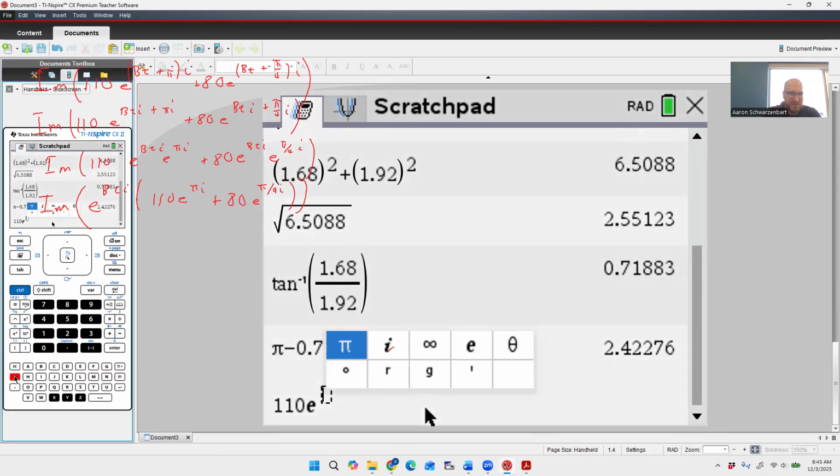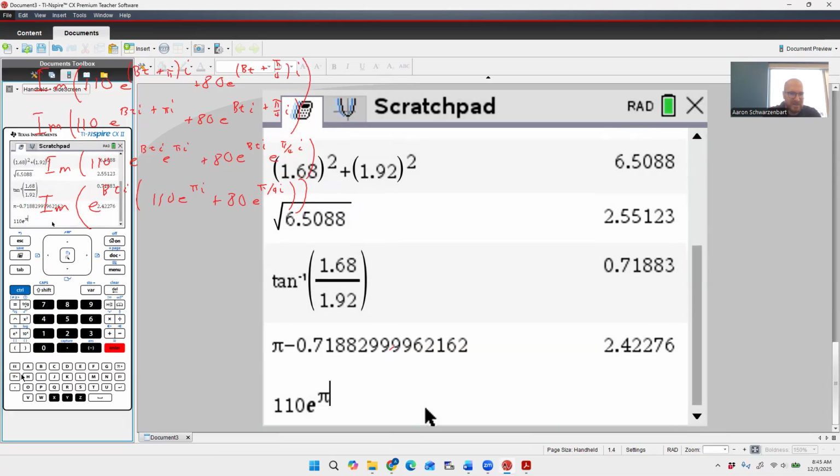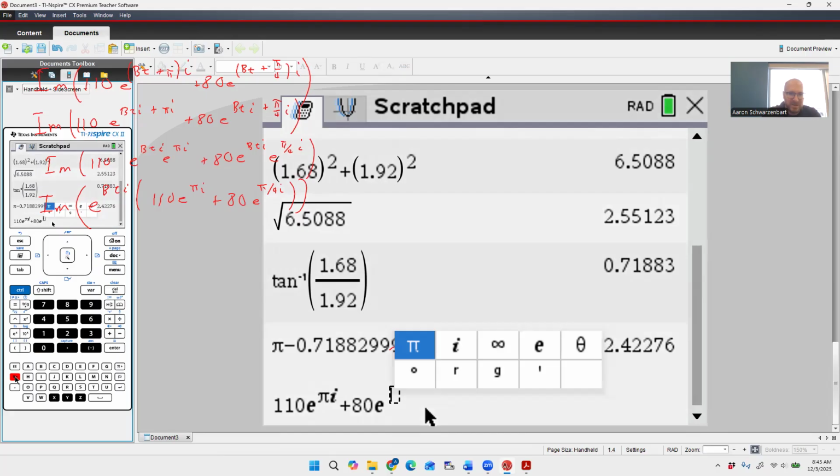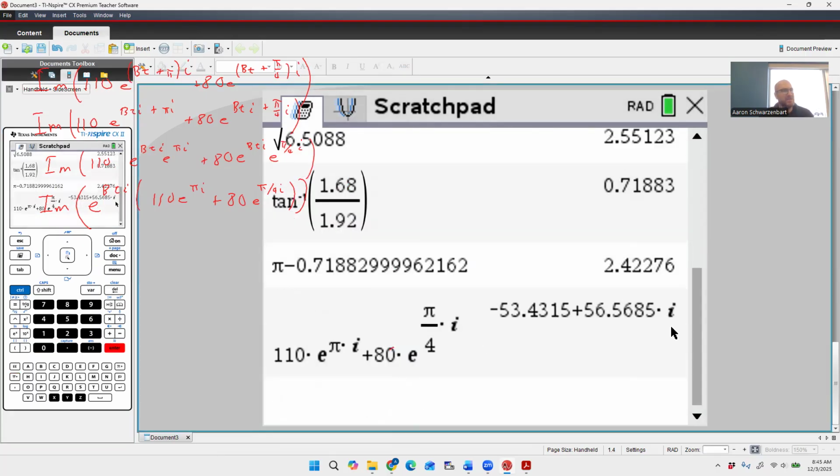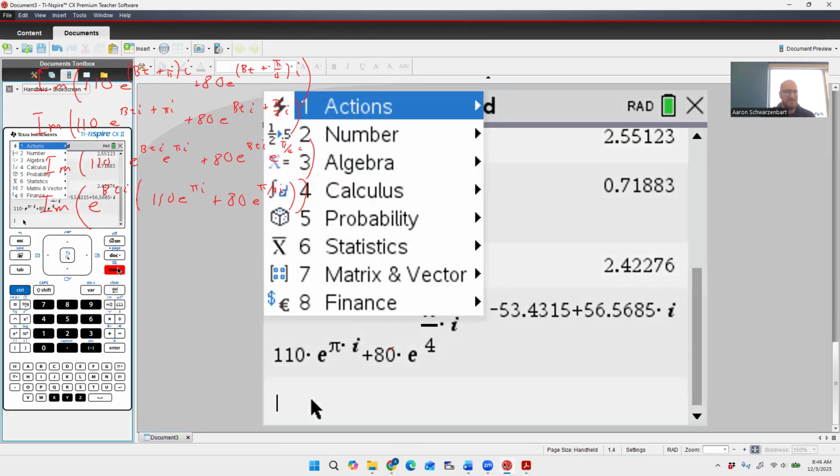E to the pi plus 80 e to the pi divided by 4 I. And here it just added them for me, but that's not in complex form, is it?